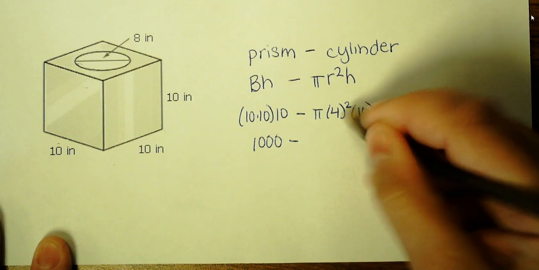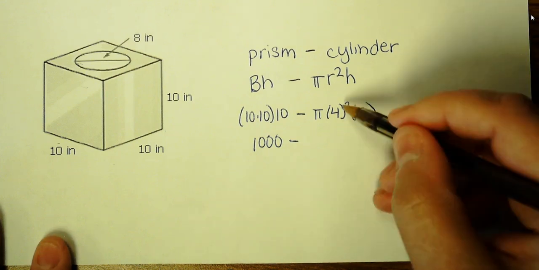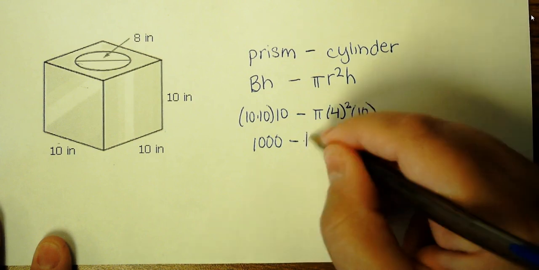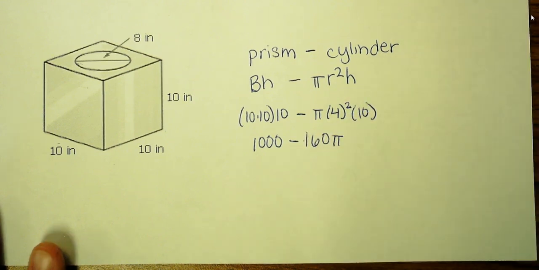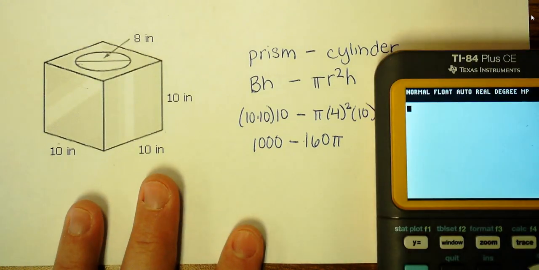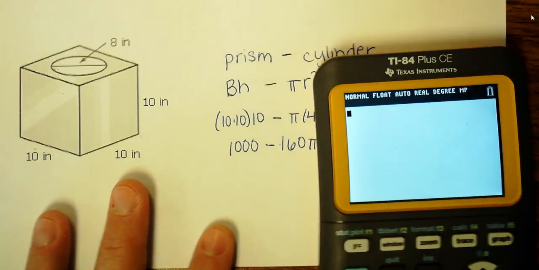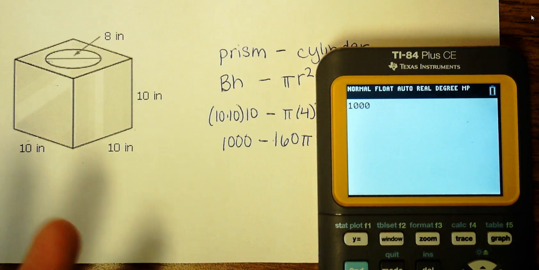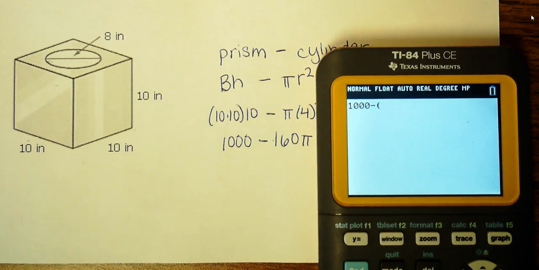So I'm just going to leave this in terms of pi really quick. 4 squared is 16. Times 10, this would be 160 pi. Since we have that hole going down the middle, that's why I'm going to go ahead and subtract this. And so I'm just going to grab my calculator for that calculation and do 1,000, that'd be the area of the prism, minus 160 times pi.